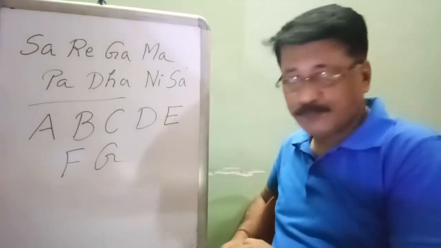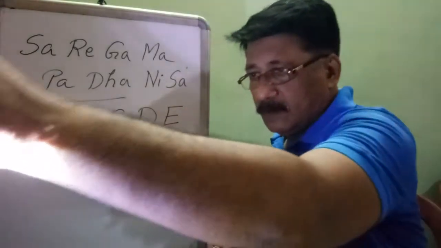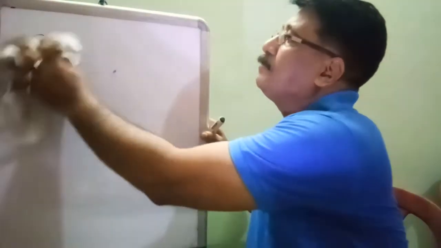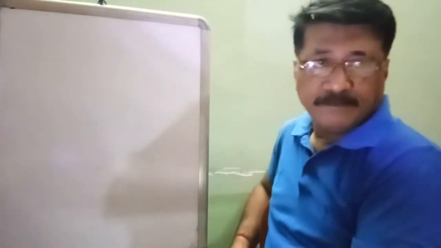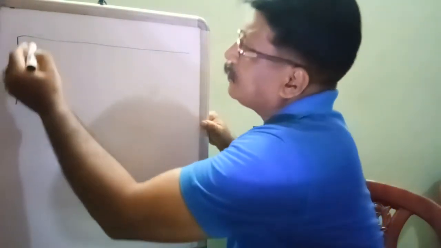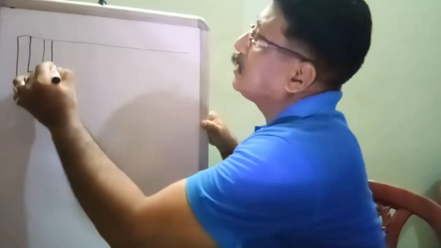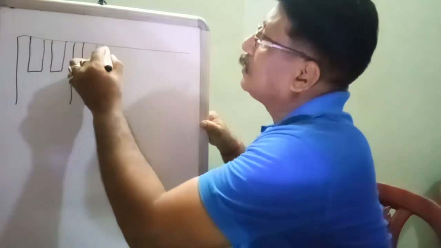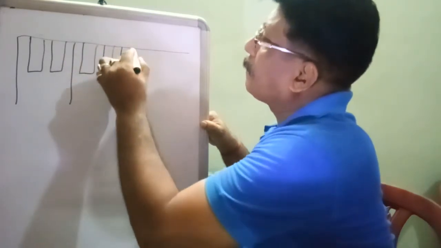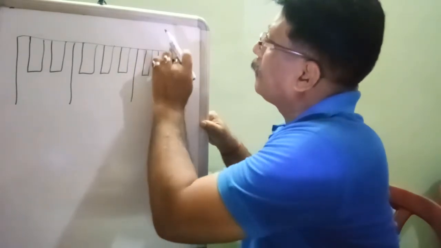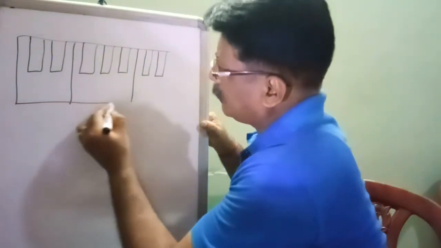Now I will come to the next part. Besides this, another 5 notes will be added. How does it come? First you will have to remember your piano or keyboard. Suppose this is your keyboard.